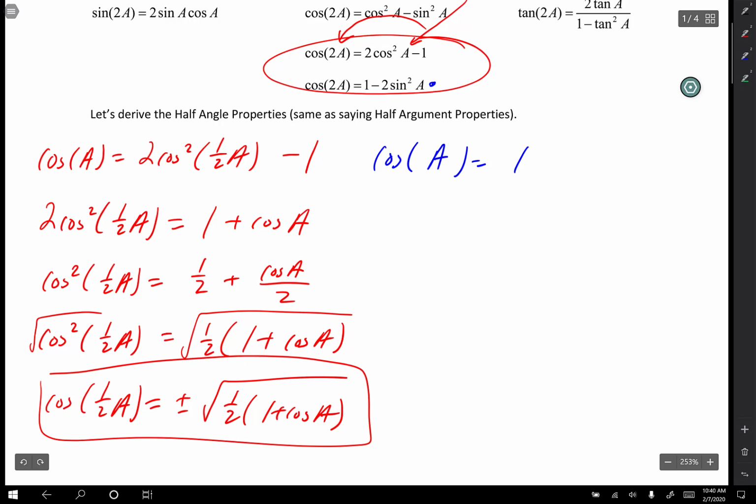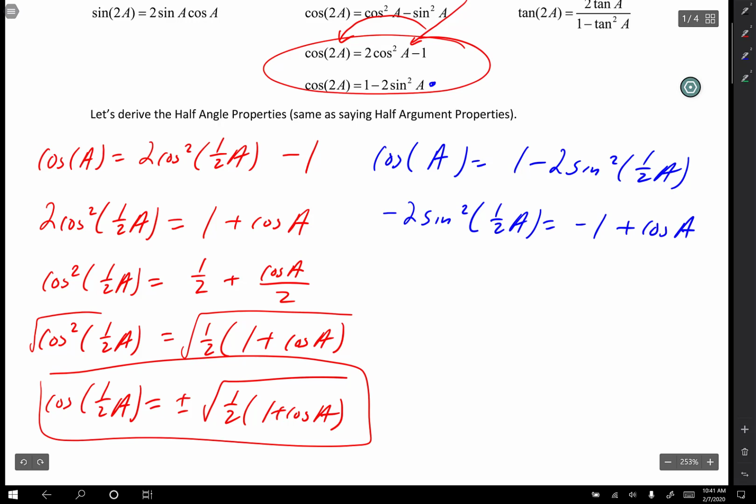Cosine A equals 1 minus 2 sine squared of half A. I'm going to move the 1 to the other side, but I'm going to write the negative 2 sine squared first. Negative 2 sine squared of half A equals negative 1 plus cosine A. And then I want to get rid of the negative 2. So I'm going to divide everything by negative 2.